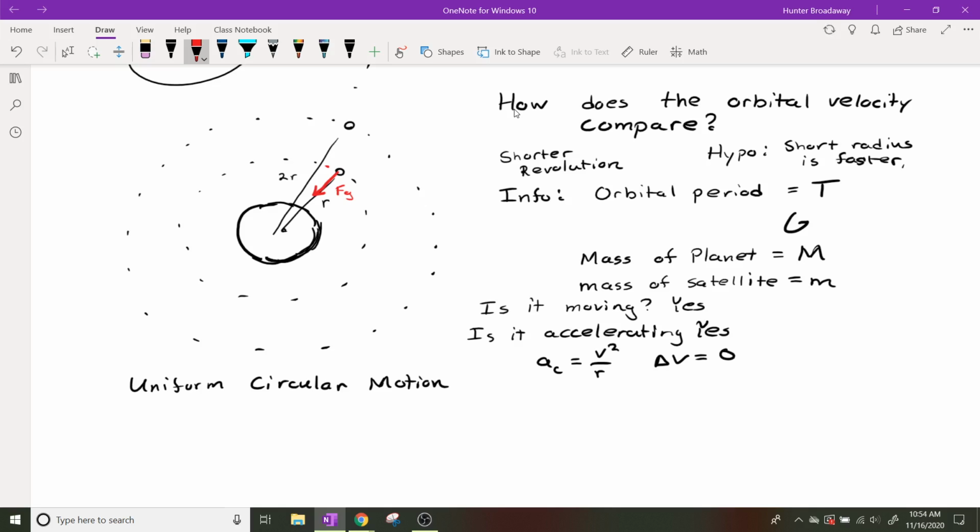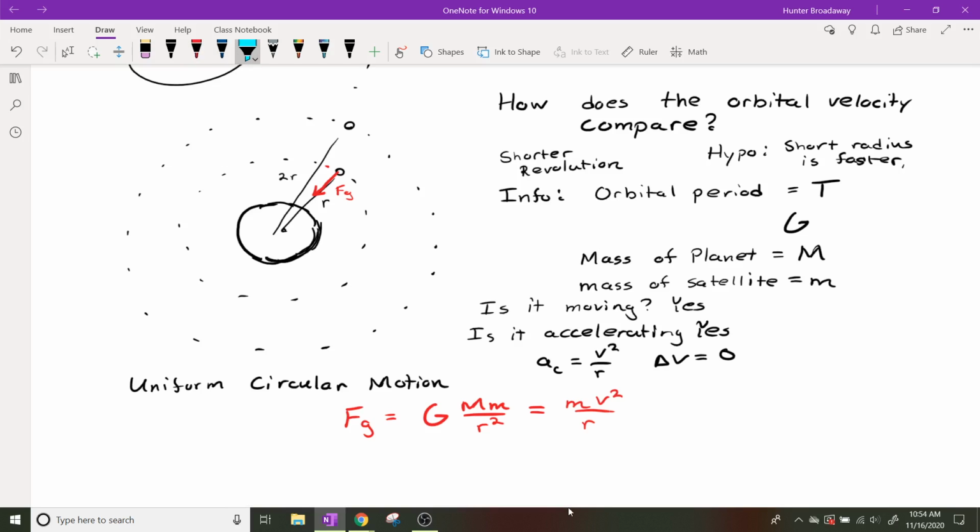So the force of gravity is equal to big G, big M, little m over r squared, right? And we also know that that's a centripetal force, so that's the same thing as little m v squared over r, right? So we're looking for the orbital velocity.